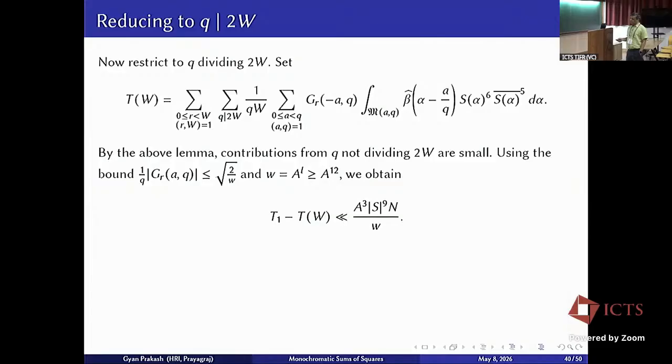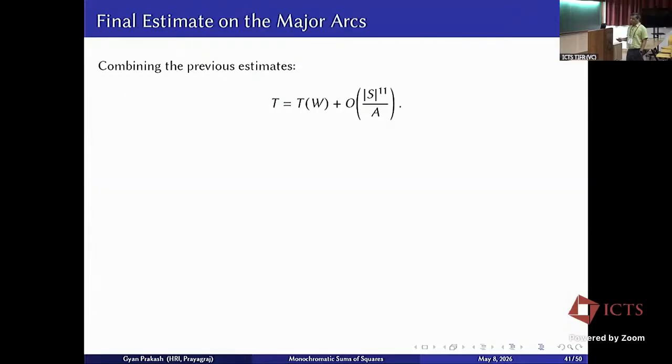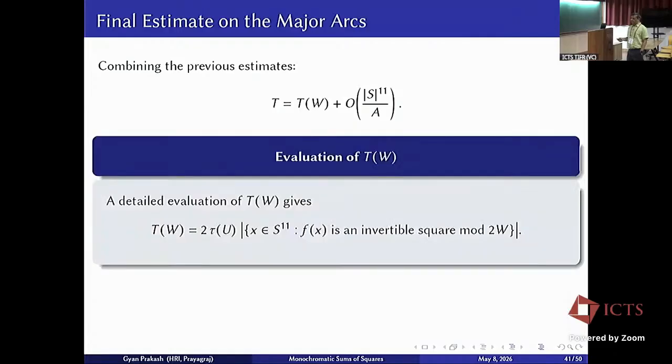So this T is equal to TW, and you can rewrite this TW. One can notice that this is exactly equal to what you were trying to prove.